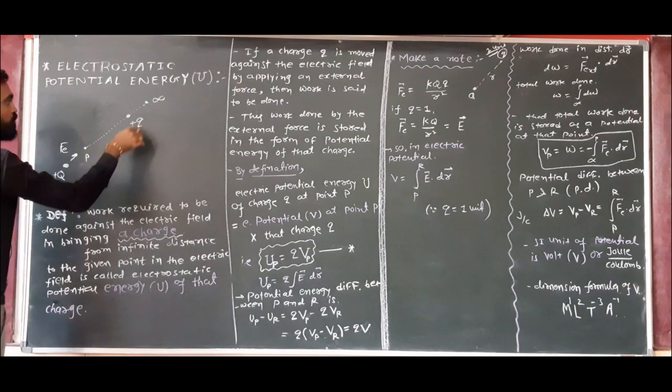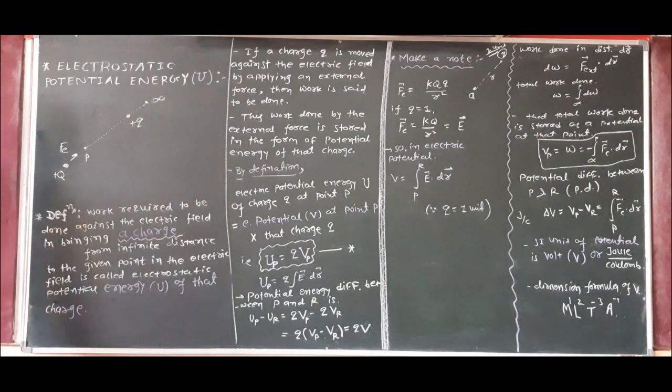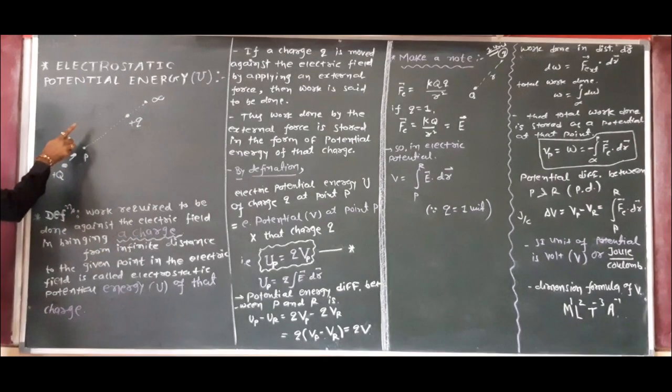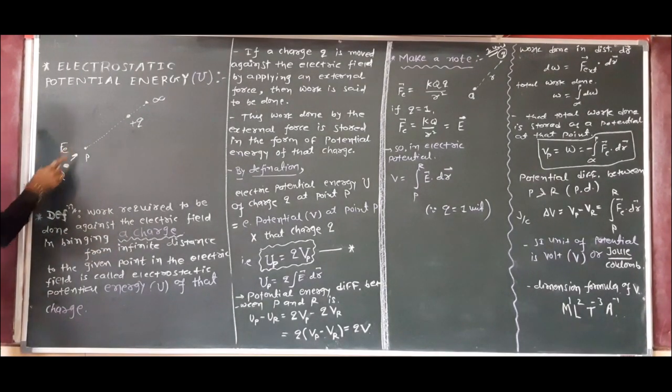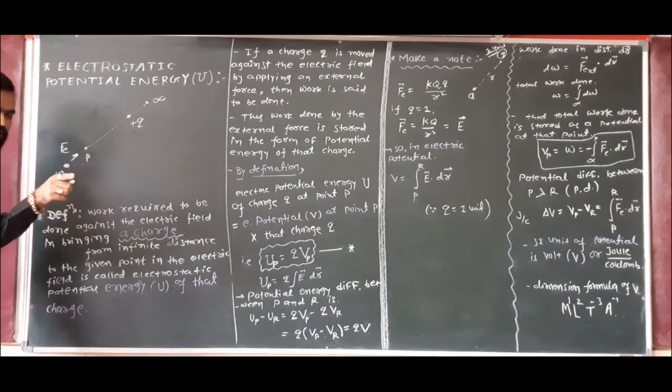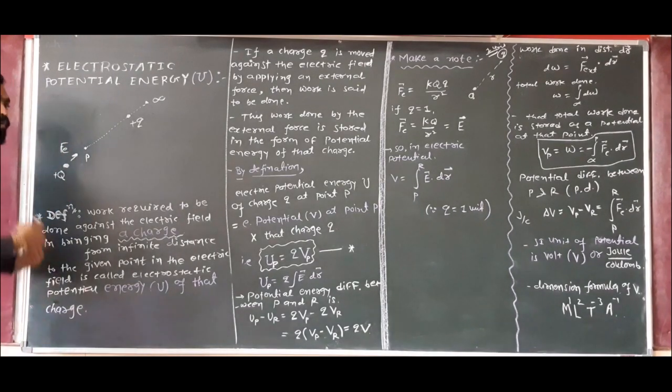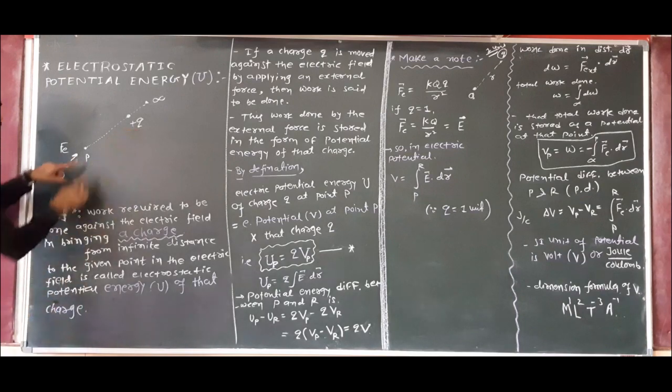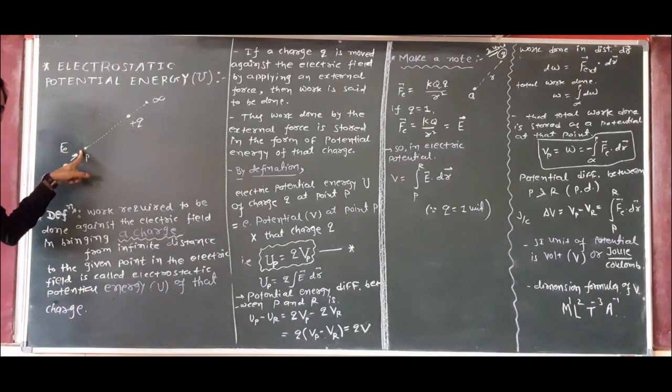When you bring Q from infinity to point P, work will be done against the electrical force of the source charge. This work done is now stored in terms of potential energy of the charge Q at the point P. You get my point, right?